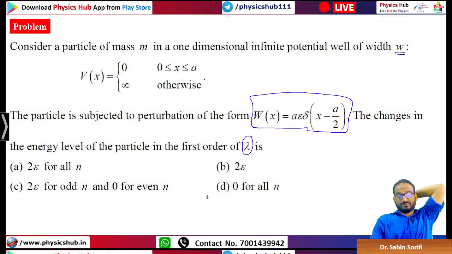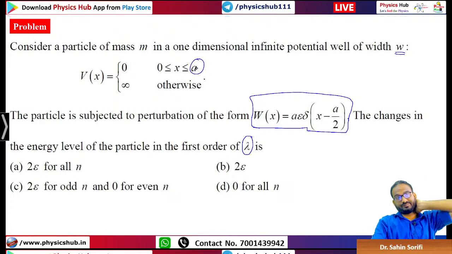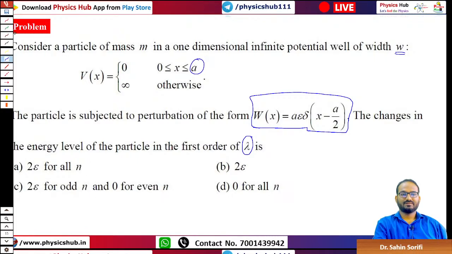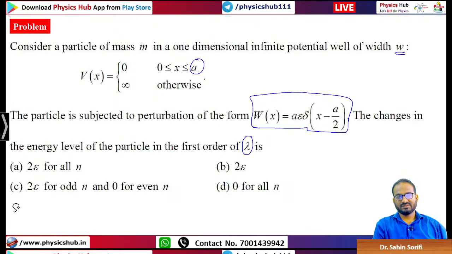So, a particle in a box problem of width a. From the options it appears that they are asking the change in energy for the nth state, for all n, odd n, even n. So what is the unperturbed energy for the nth state?